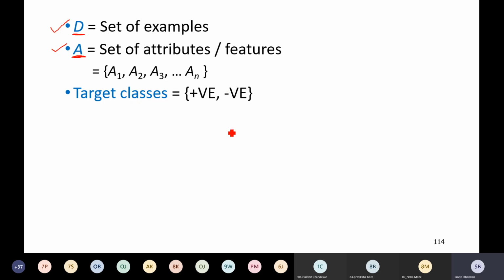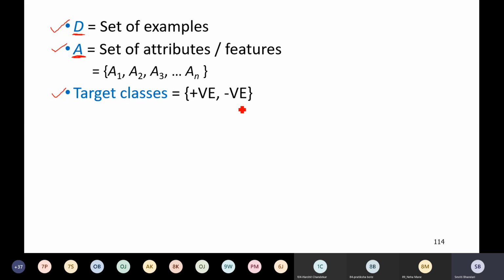Also, we have those samples with the target class or label as positive class and negative class. Along with those examples, we know the class of that example, and the target class is either positive or negative.